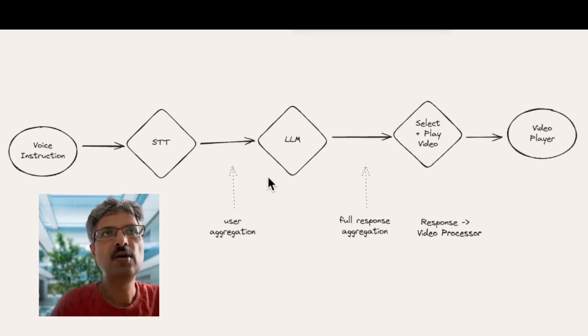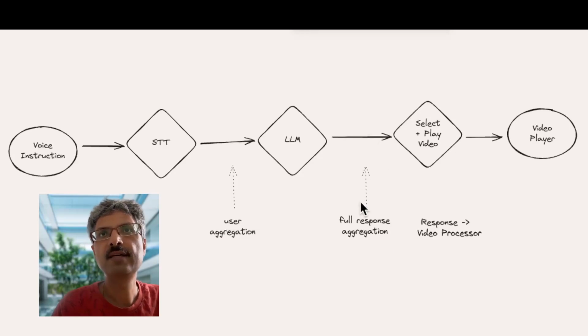So the streaming text has to be aggregated at this point and converted into the format that the LLM accepts. Similarly, the LLM streams out its output, and the full response needs to be aggregated. So you need modules for user aggregation and full response aggregation here.